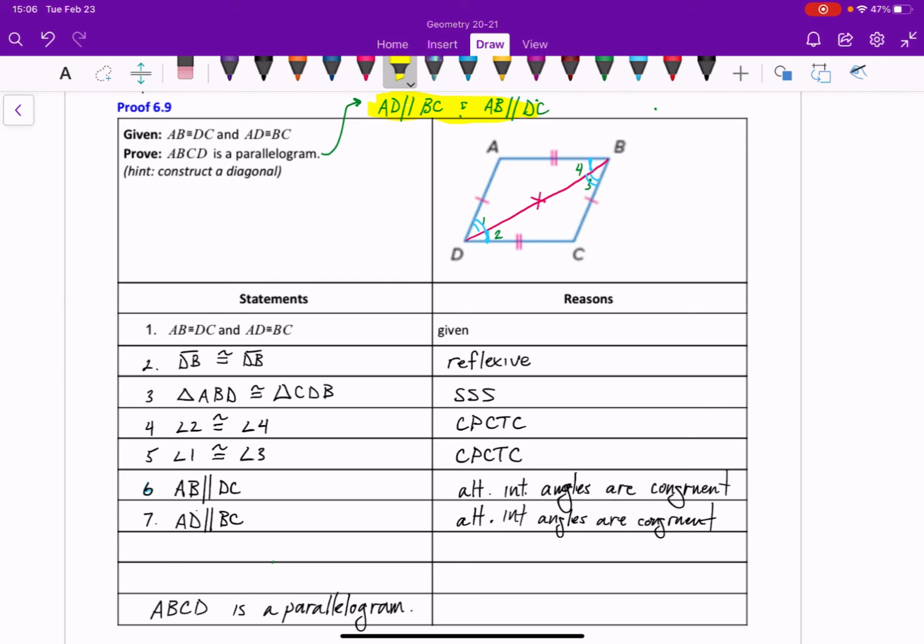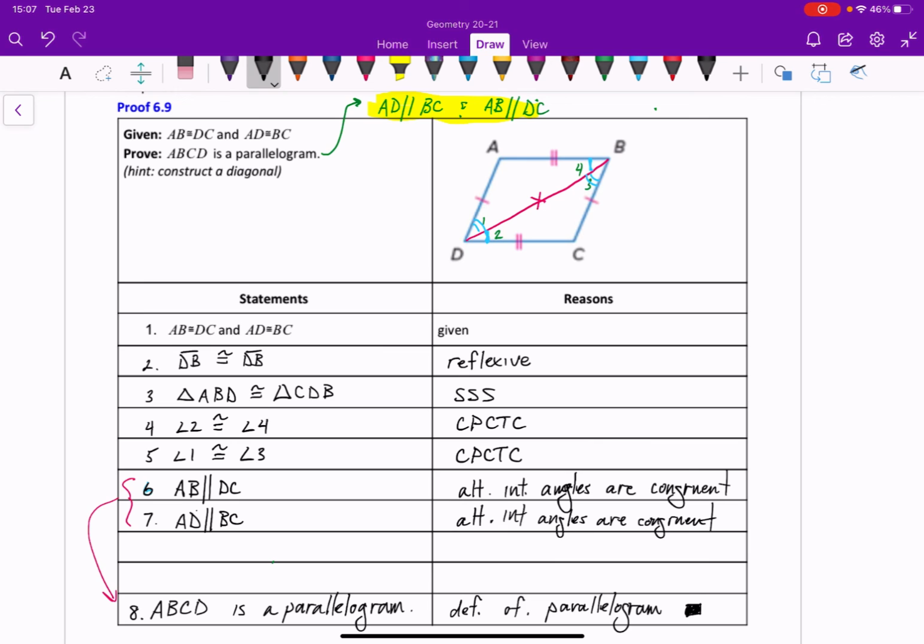So I can jump straight to this conclusion, because this is the definition of a parallelogram. I can conclude that ABCD is a parallelogram by definition of parallelogram. And that completes my proof.